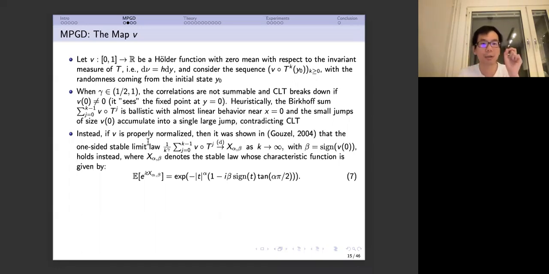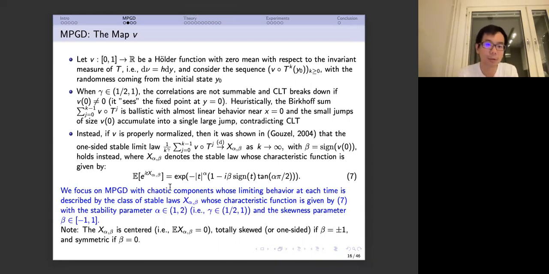But instead, if we properly normalize this term here, then we can show that it converges in law to some alpha stable distributions. So this is just some discussion on why we expect alpha stable laws by using this Taylor map.